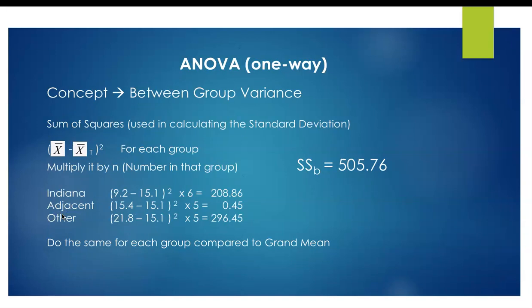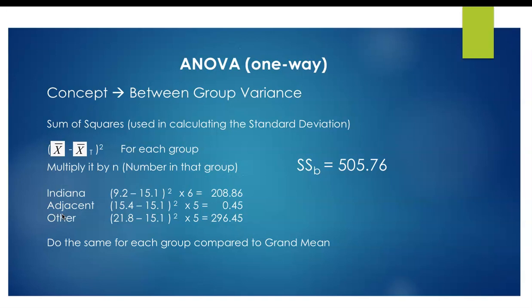Now we calculate the variance between the groups, the sum of squares between. In this case, we compare the mean of each group to the total mean, so the mean for all 16 people. In that first formula, you see the mean for the group, the x with the bar, that's the mean for the group. You subtract from that group mean the total mean, the x with the bar followed by a t for total.